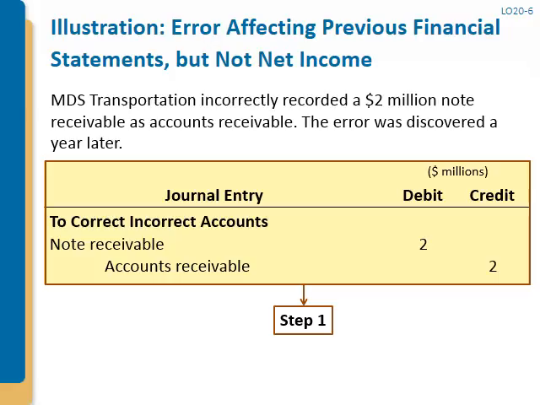Second step, when reported for comparative purposes in the current year's annual report, last year's balance sheet would be restated to report the note as it should have been reported last year.